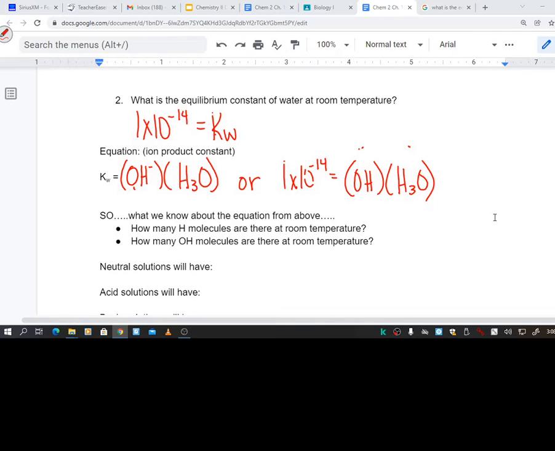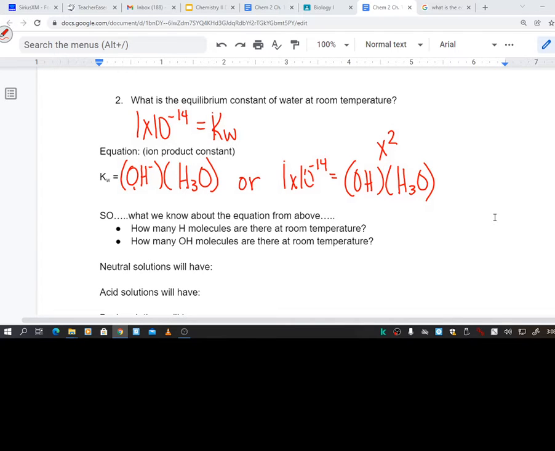They're at equilibrium. So this number will be the same and this number will be the same. So it's almost like saying x times x, or x squared, equals 1 times 10 to the negative 14.